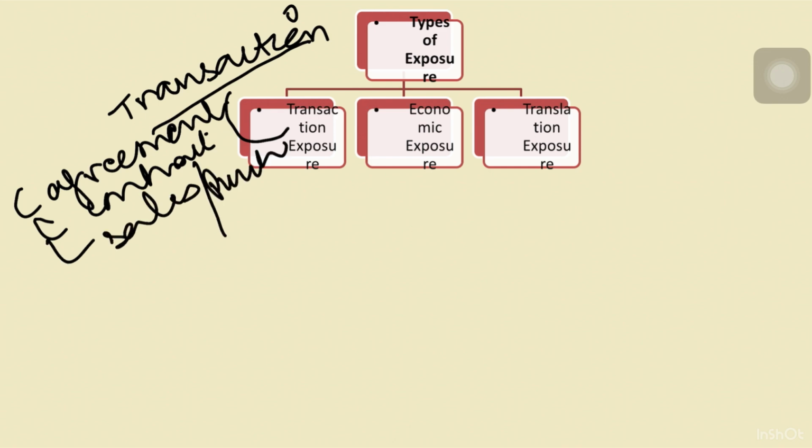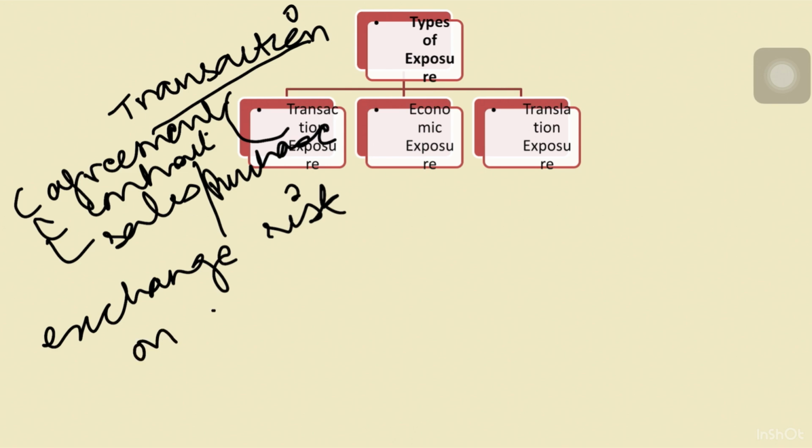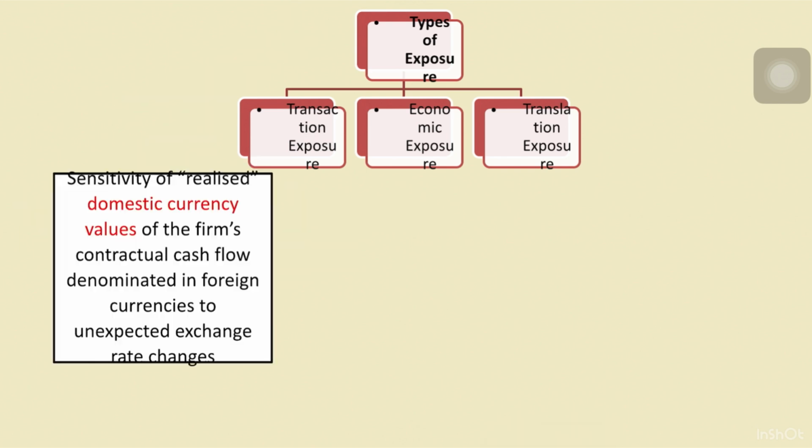Whenever a company deals internationally, the impact of exchange rate risk on a particular transaction is known as transaction exposure. I hope this is clear to you. We have already discussed transaction exposure and the techniques to manage it in the previous video, so if you want to learn everything about it, please go and check that video, okay?